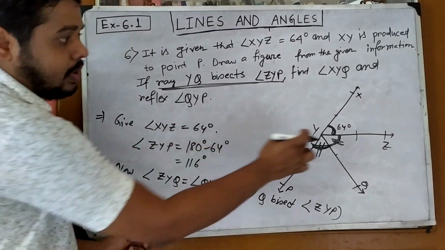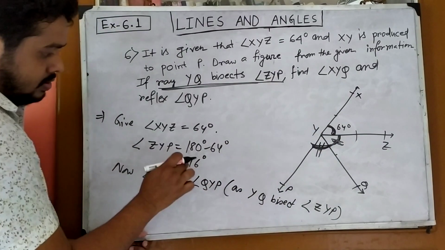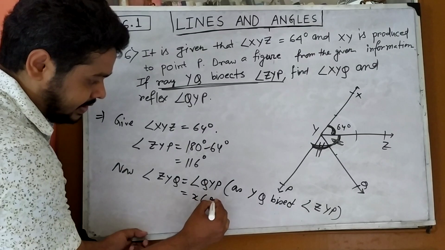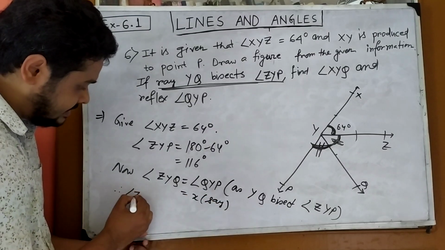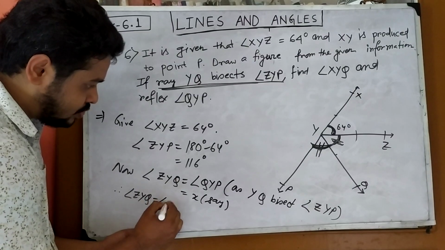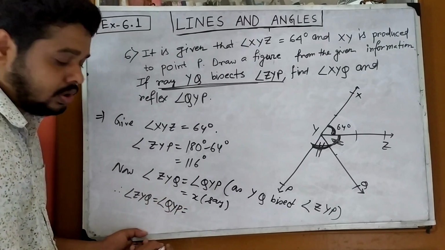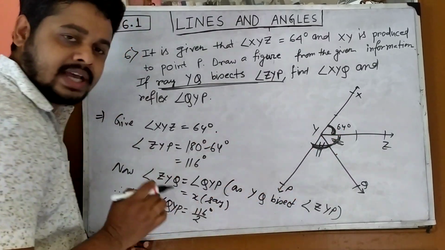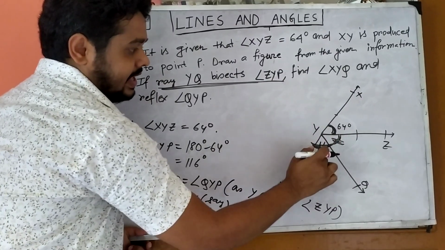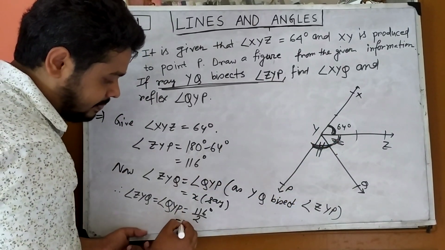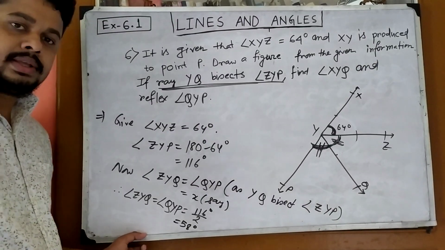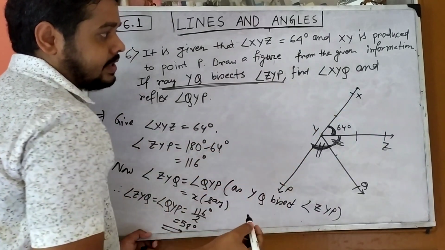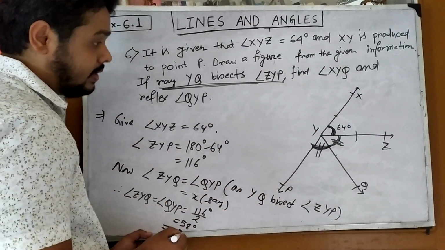Now the sum of these two angles is 116. So we can write angle ZYQ equals angle QYP equals 116 by 2, because the sum of these two angles is 116 degree and they are equal. So each of them is 58 degree. Clear? Oh no, sorry, this one is 58 degree.